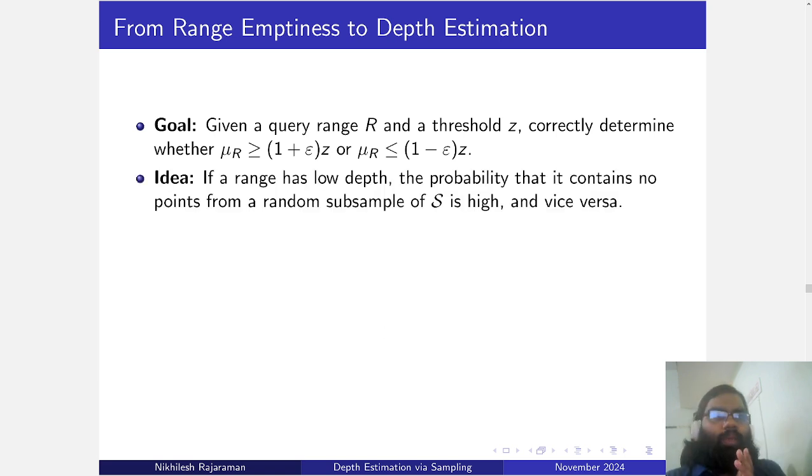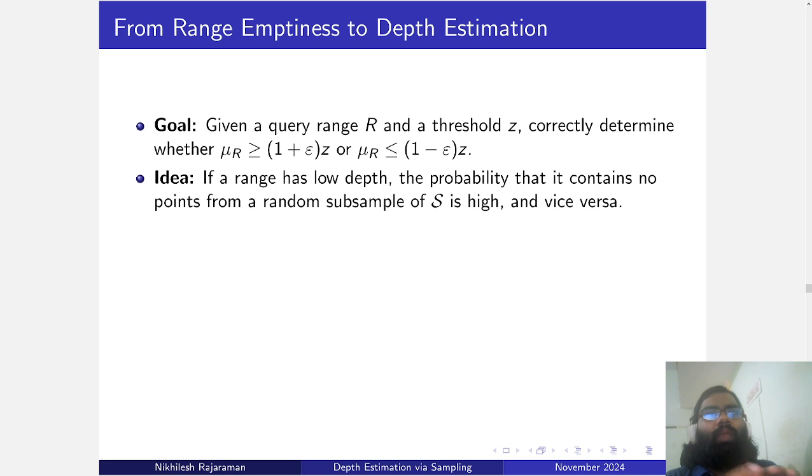Okay, so now here's the key idea on how we are going to exploit emptiness to solve this problem. We'll use random sampling. Suppose we construct a random sample of the objects from our object space calligraphic S, and let's say we do this by sampling every object with some fixed probability.